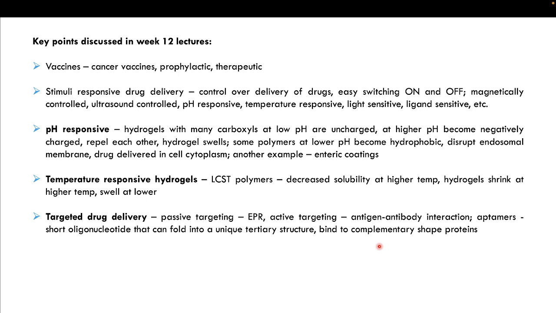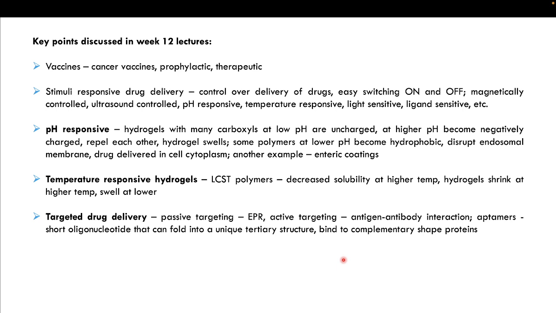Another is making use of aptamers. Now, what are aptamers? You must have heard about this term before. Aptamers are nothing but short oligonucleotide sequences. What is an oligonucleotide? It is nothing but DNA sequences, your ATGC sequences.